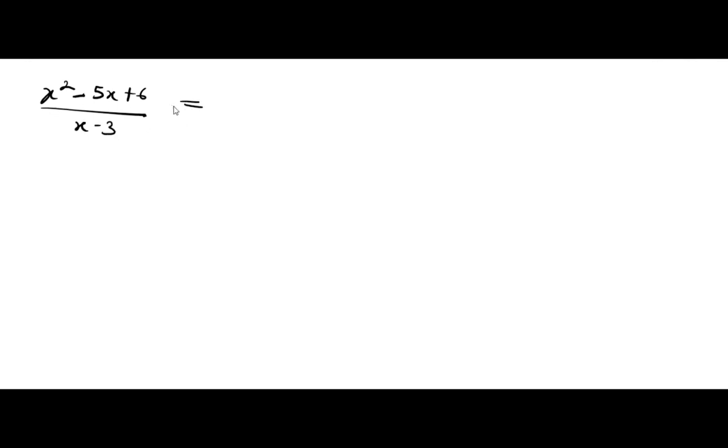So if you have to consider the factorization method first, what we have to do is we need two numbers that will multiply to 6 and will add to minus 5. So the two factors are 2 and 3. Minus 2 times minus 3 will give 6, and minus 2 plus minus 3 will give minus 5.